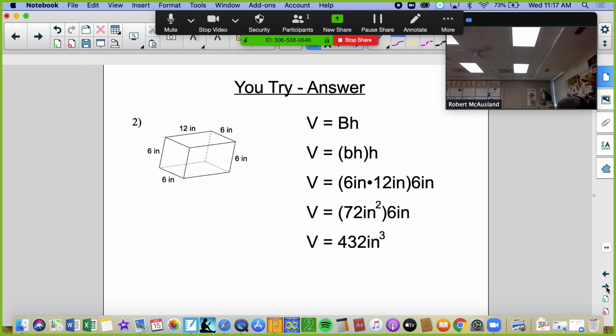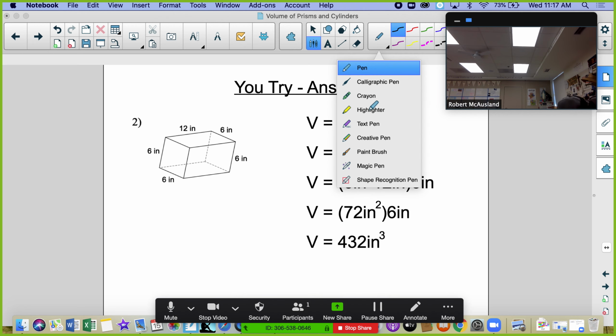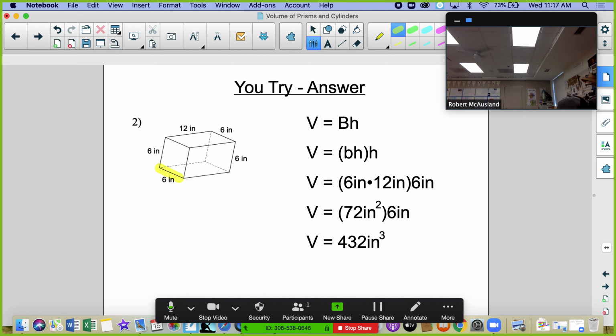So we see here that our base shape, let's highlight what our base shape is. Our base shape is going to be a rectangle. So the area of a rectangle is base times height, and then we multiply it by the height, which is the distance between the two bases.